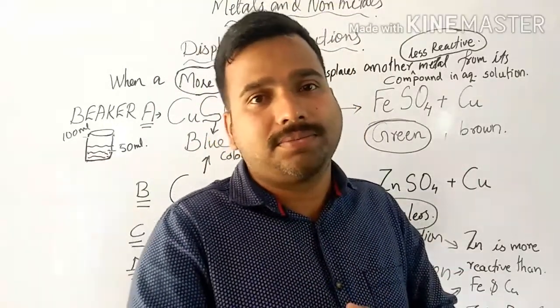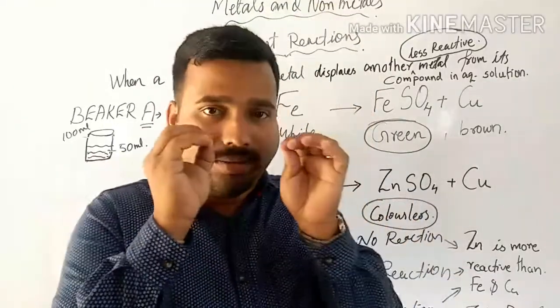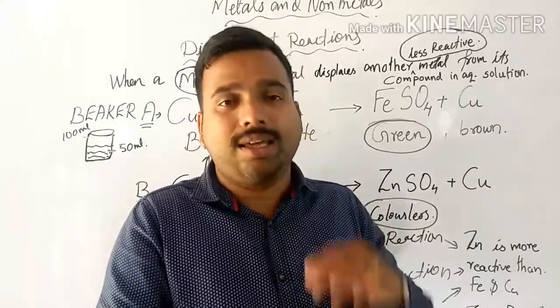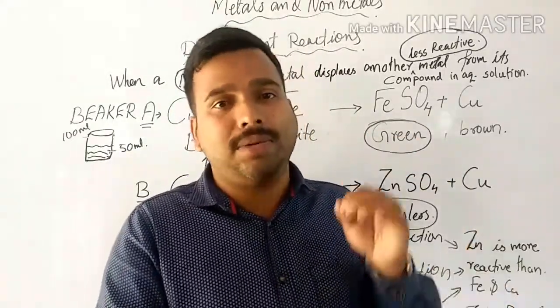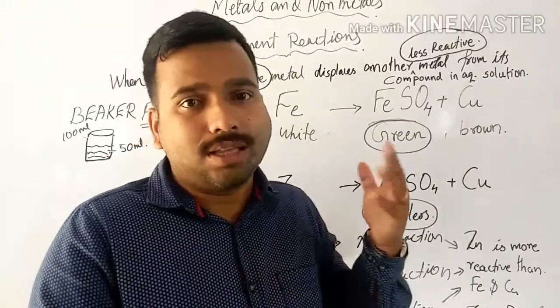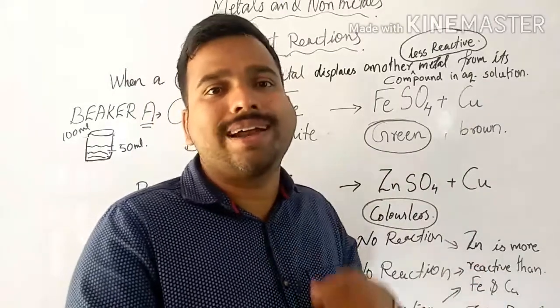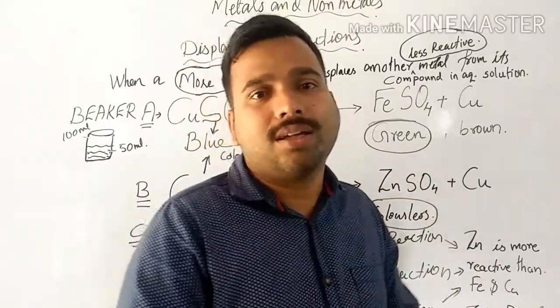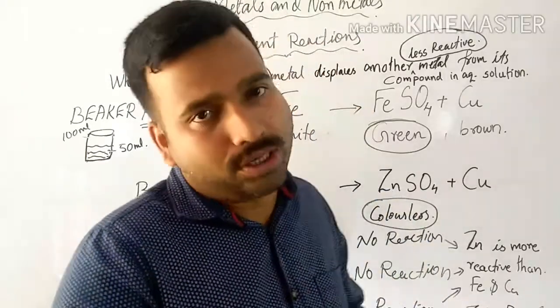What is happening? A highly reactive metal displaces a less reactive metal from its salt solution, so as to form its own salt, and displaces the less reactive metal from its aqueous salt solution.